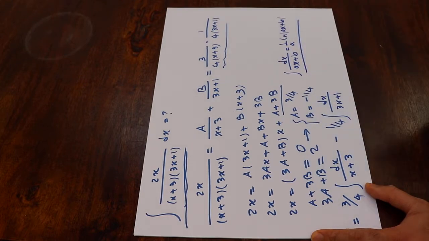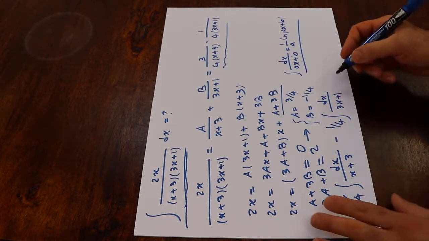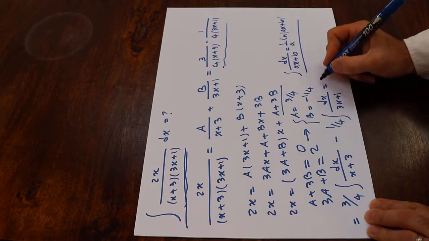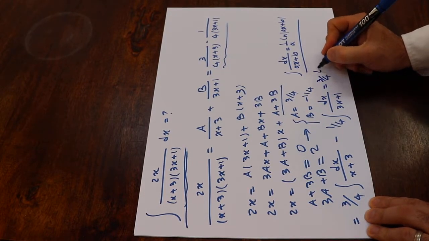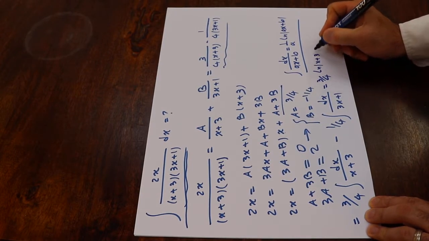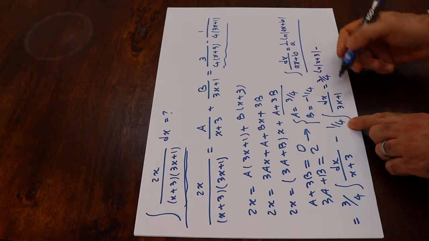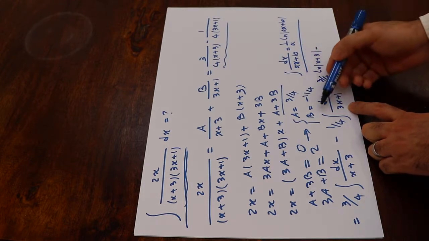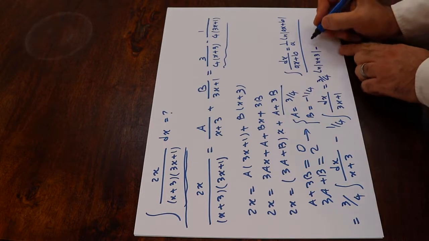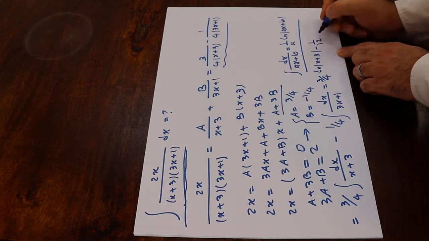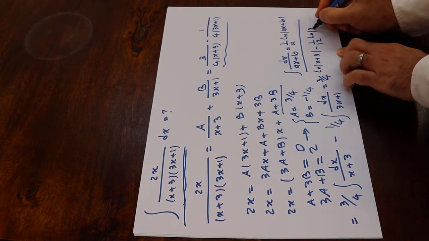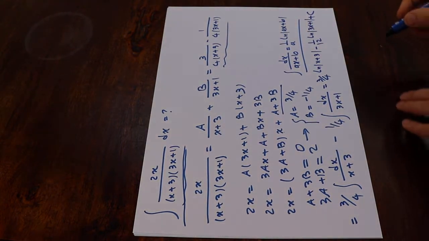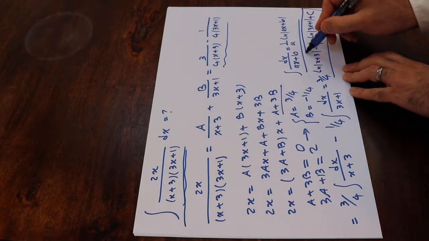Therefore this will be equal to 3 divided by 4 ln |x plus 3| minus 1 divided by 4 times, here 1 divided by a is 1 divided by 3, so 1 divided by 3 times 1 divided by 4. Therefore this will be 1 divided by 12 ln |3x plus 1| plus C, which is the constant of the integral, and that is the solution to our integral.